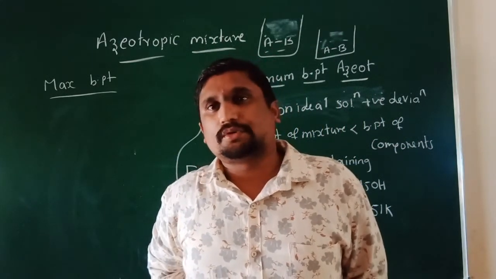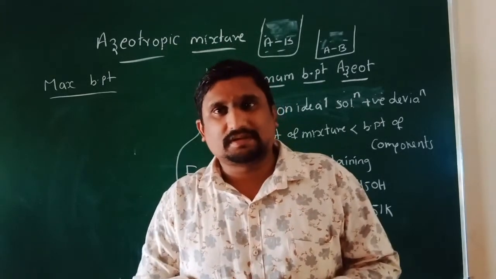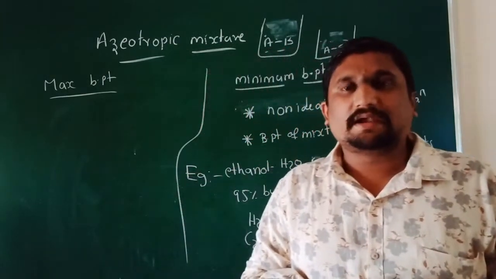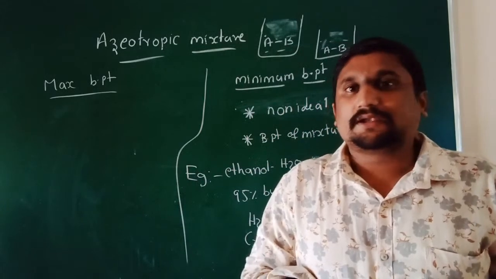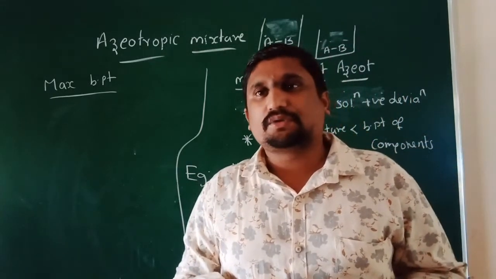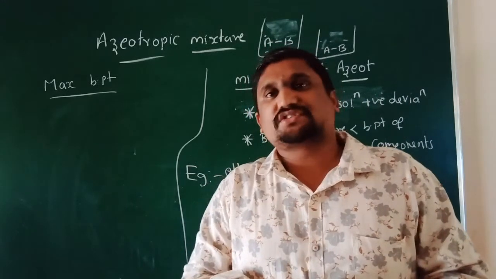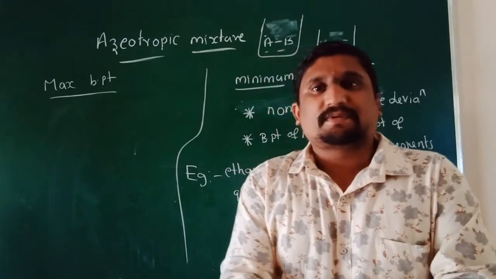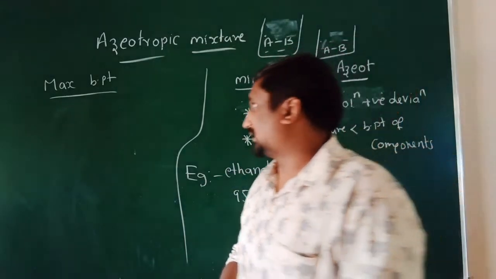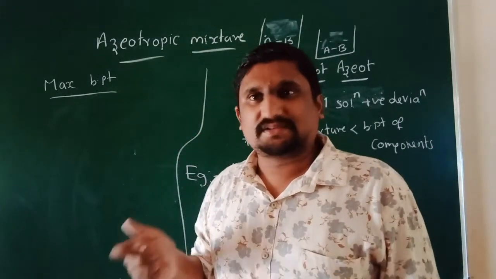I already told you in which kind of non-ideal solutions you get very low vapor pressure: the non-ideal solutions showing negative deviation. In non-ideal solutions exhibiting negative deviation, interactions are very strong and the vapor pressure is very low. So when vapor pressure is lower, the boiling point will be maximum.